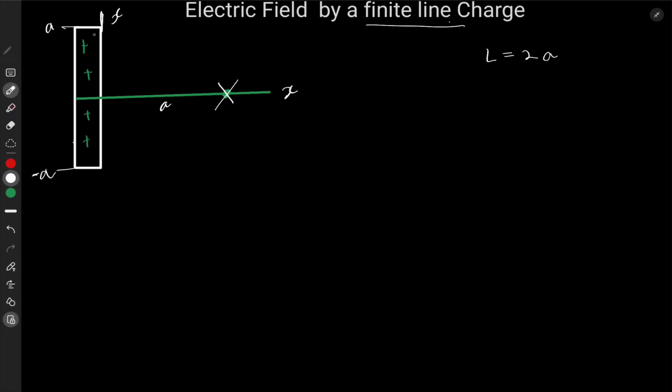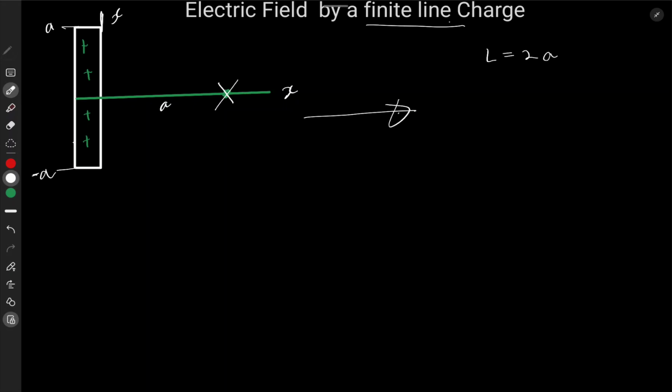Okay, here we have a line, and let me say here I have a point, and this finite line is having an electric field toward this point, which is pushing it this way.